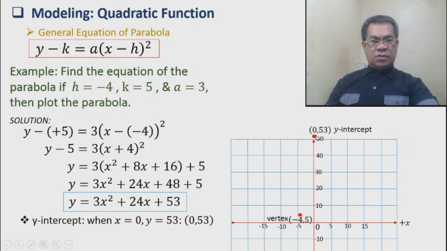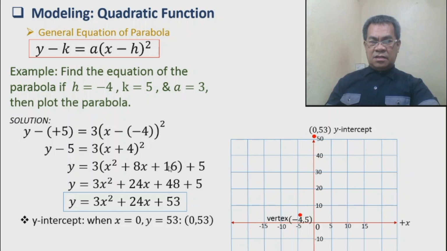Since we have this y-intercept, we can create the point of symmetry in the opposite side. Remember that the vertex is located at x equal to negative 4. So this should be the line. Negative 4 from the origin towards this point, another 4 here is negative 8.